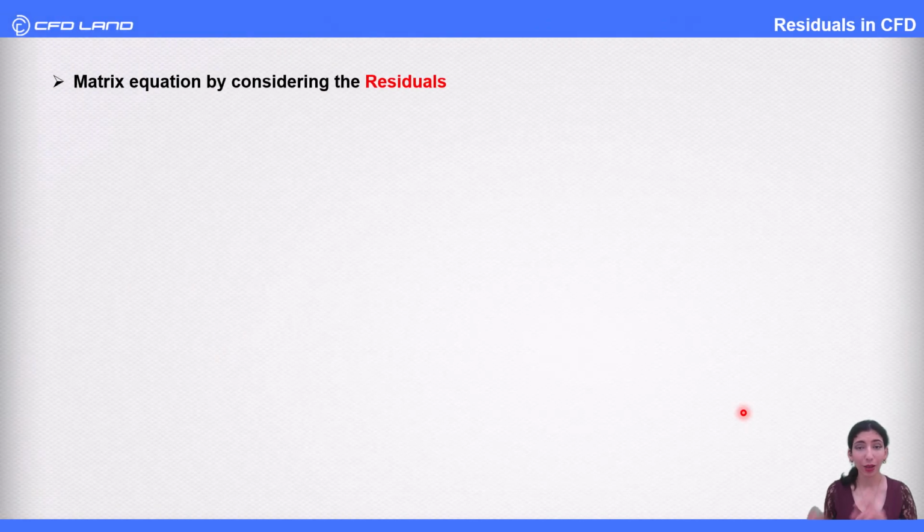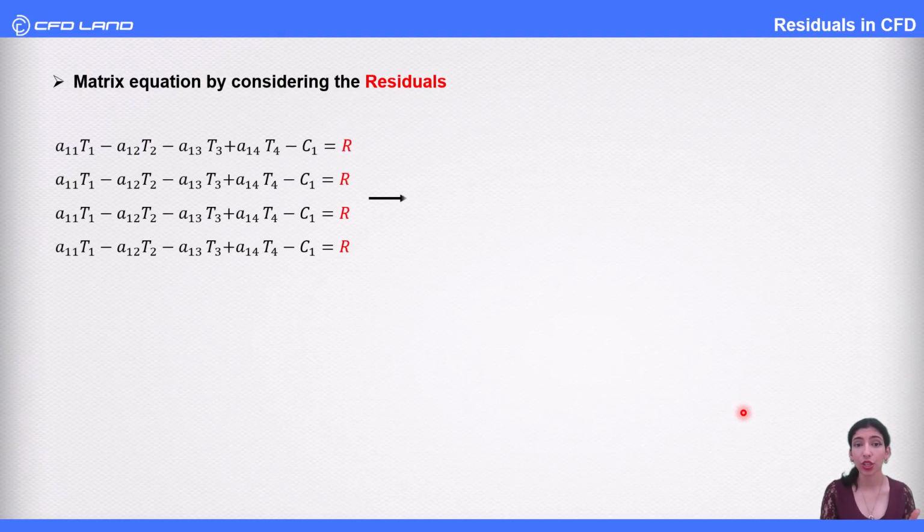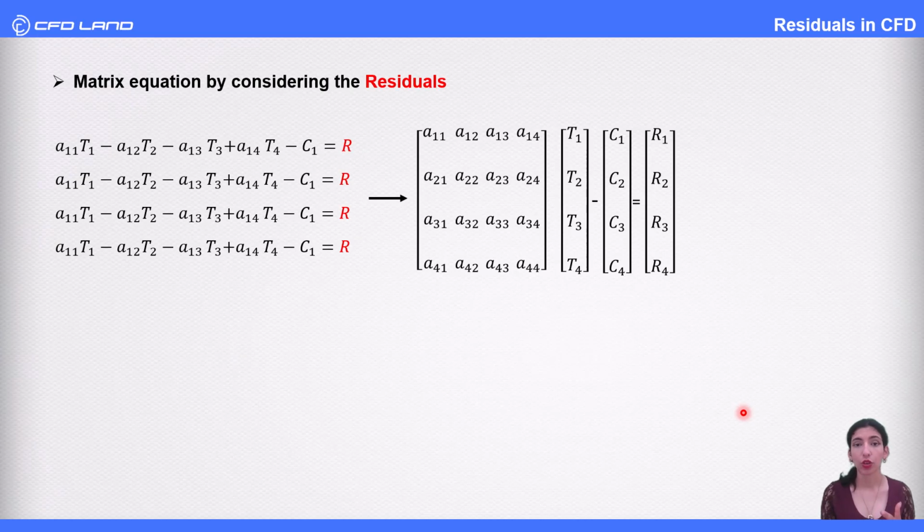Now, that was just for one cell. You can do the same for all cells in your mesh. And you will have a matrix for it. You have a coefficient matrix, a temperature vector, a constant vector, and residual vector. And the smaller the residual vector, the more accurate your answers.